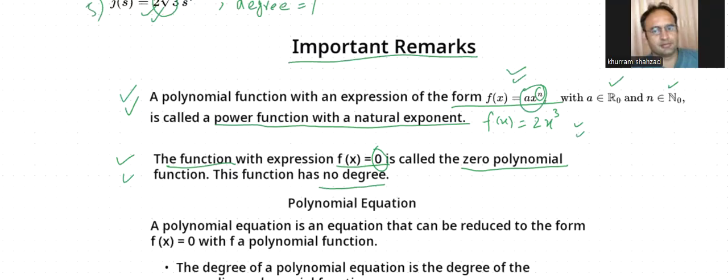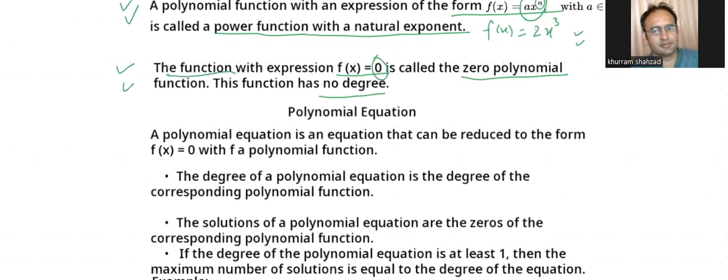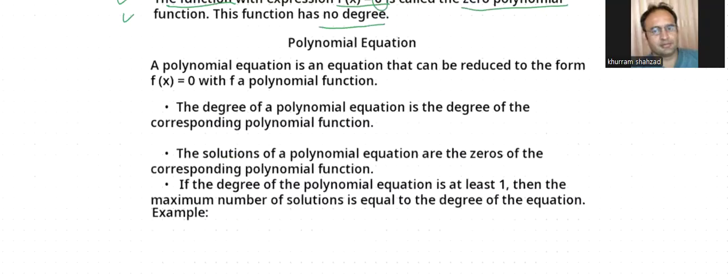Next is the polynomial equation. A polynomial equation is an equation that can be reduced to the form f of x is equal to 0 with f a polynomial function.